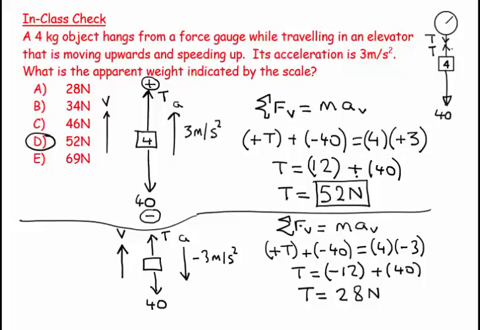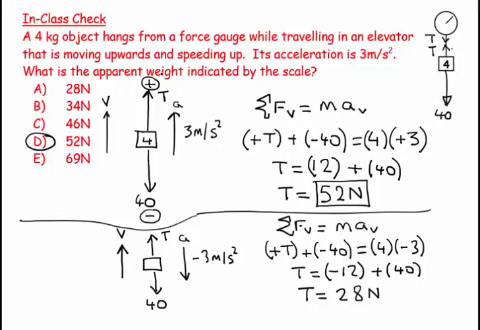So really the trick with this is to be able to interpret from the words a visualization, and specifically not making a mistake about the actual sign given to the acceleration. The only other thing that was a little bit awkward about this one is apparent weight.